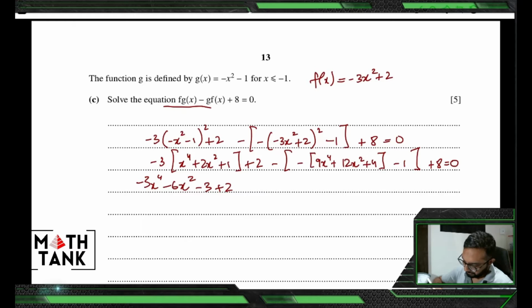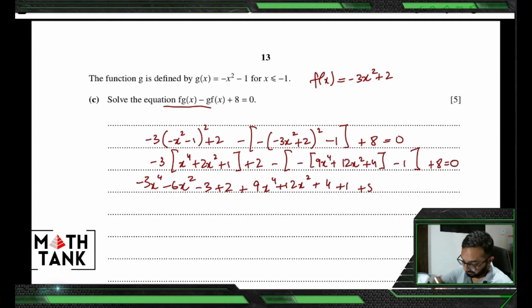You get a plus, and then 2 negatives make a plus, and then that becomes plus 9x power 4 plus 12x squared plus 4 plus 1 plus 8 equals to 0.